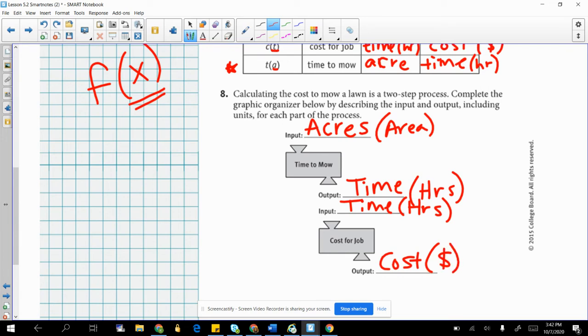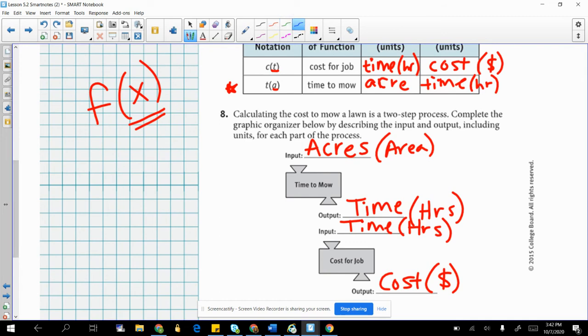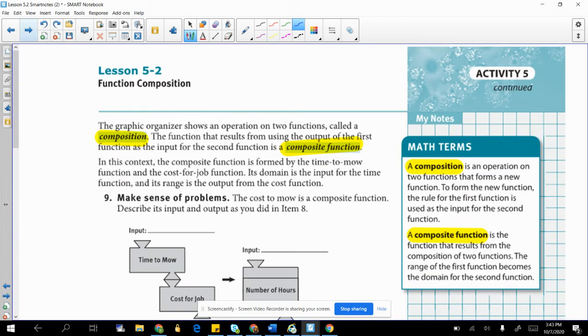Okay, all righty. So that makes sense. And what should always happen here is these should match up in the middle, because whatever you get from the first output, you're going to plug into the next function. All right, cool.